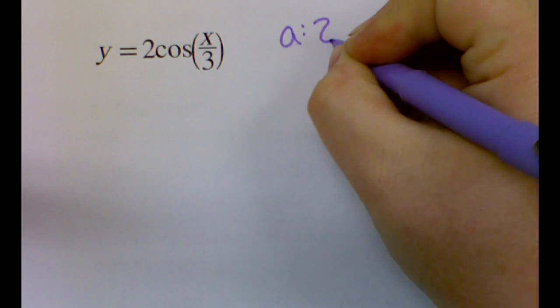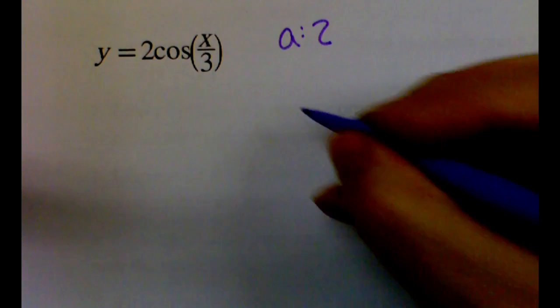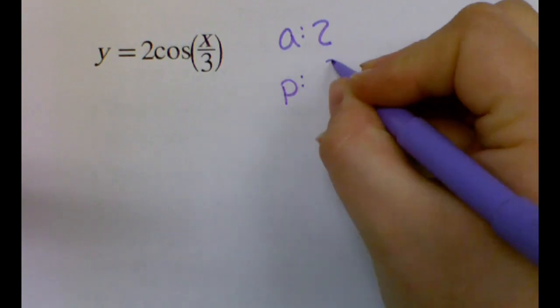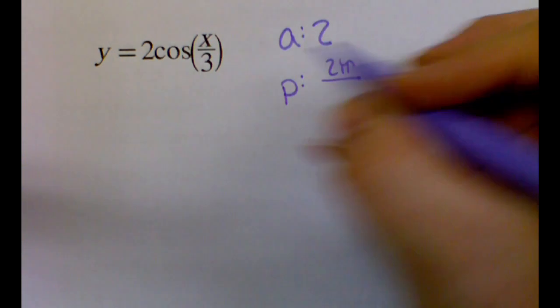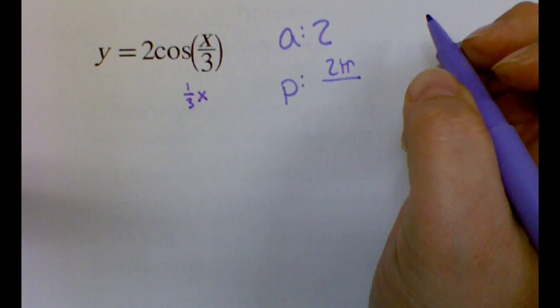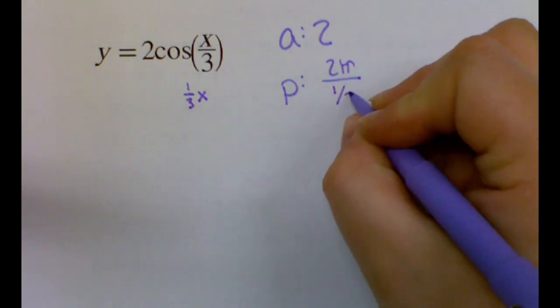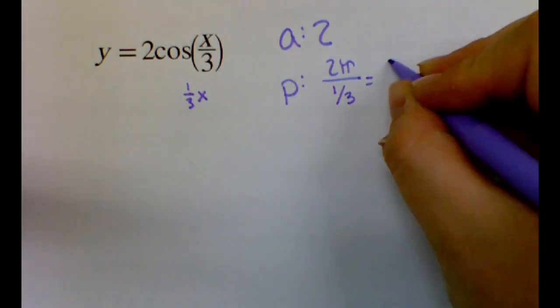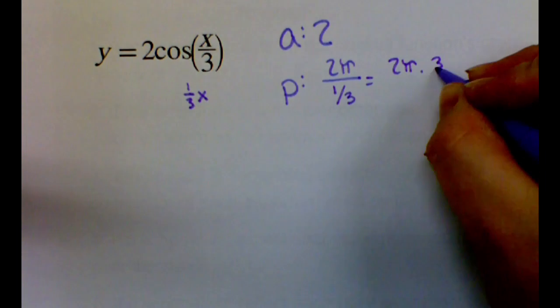2 cosine of x over 3. Well, in this case, our amplitude is that number in the front. Our amplitude is 2. Our period is 2 pi over b. B in this case, remember, I could write 1/3 x. So b is 1/3. To simplify, we multiply by the reciprocal.